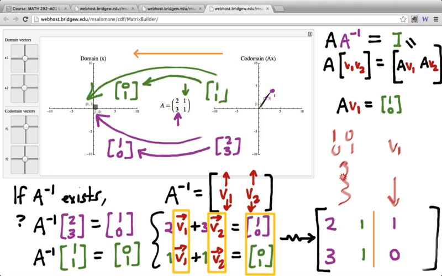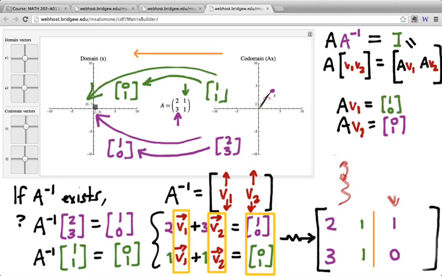Well, I'm hiding it for a moment, because I'm making the point that we can solve both of them at the same time, because the system that we need to solve for V2 has the same coefficient matrix, the same A. The only thing that's different about it is the right-hand side, because the right-hand side now is supposed to be the second column of the identity matrix, 0, 1.